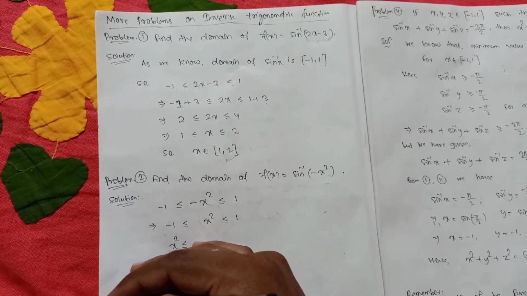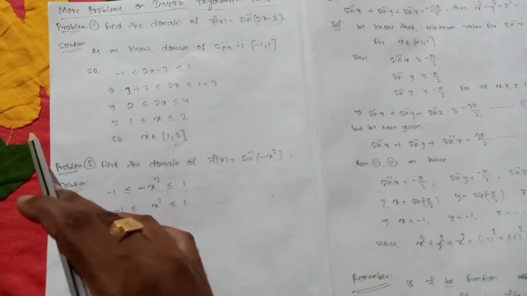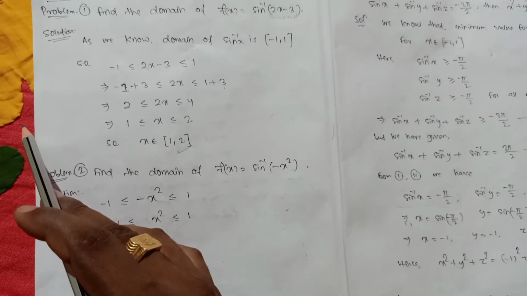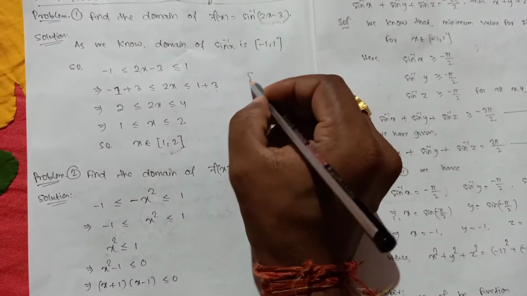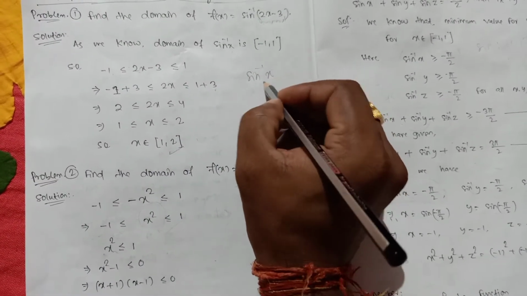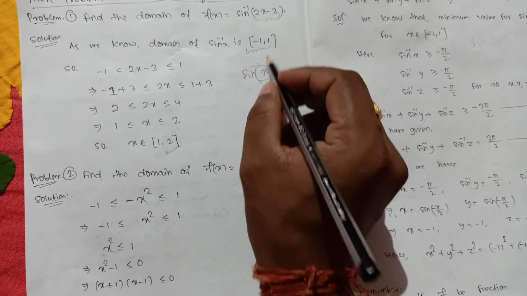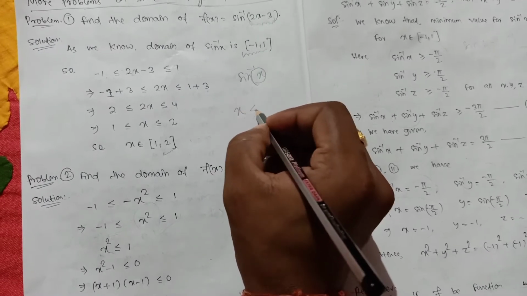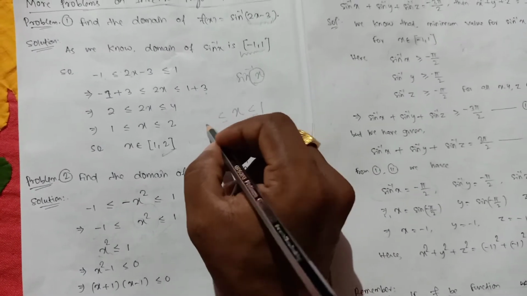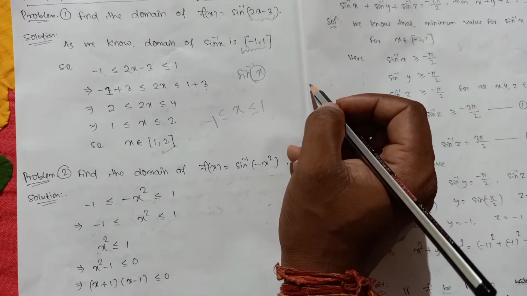Remember, the domain of sin inverse x is the closed interval [-1, 1]. If we have sin inverse x, then x must belong to the interval [-1, 1]. So x should be less than or equal to 1 and greater than or equal to minus 1.